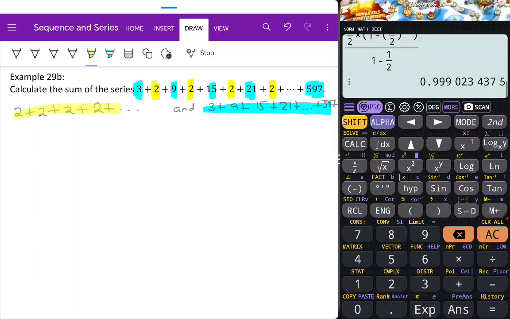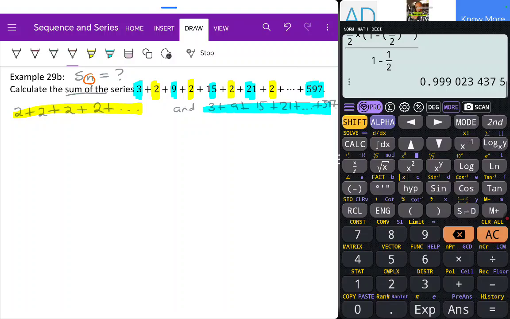Now what do we need to do? We need to figure out the sum of the series. Do you remember that in order for us to do an Sn, the question is sum, so we need an Sn answer. But in order to answer this, we need to know what is a, what is d or r, and we need to know what is n.